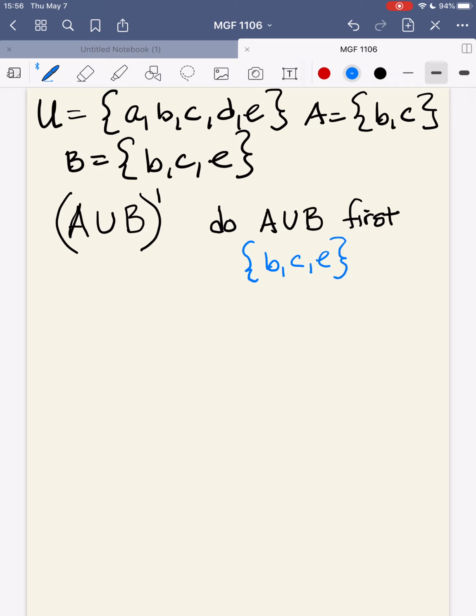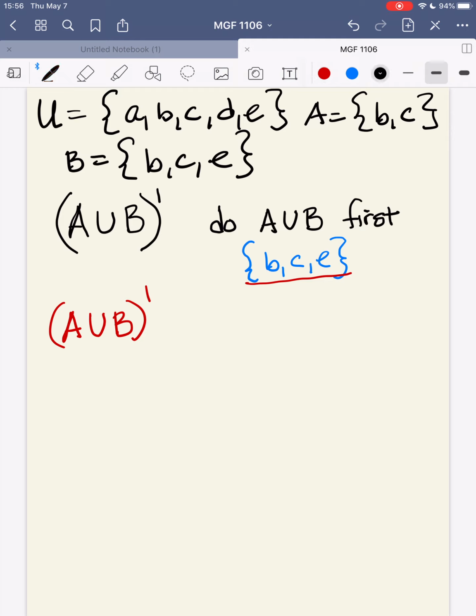But remember, we got to take the complement of this. So now we need A union B. So our values in blue. We got to take the complement of that. Okay. So things that are not here. Okay.